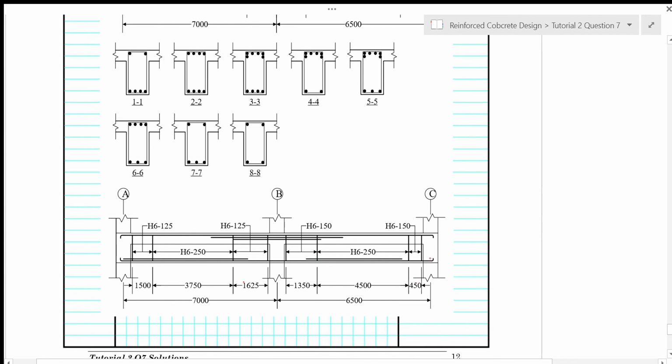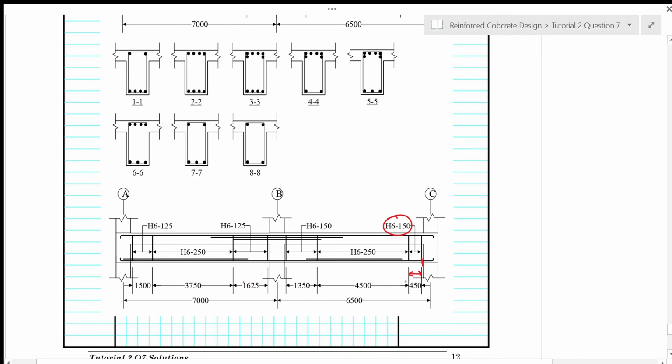And then we need 500 mm here measured from the center of the support to have H6 at spacing of 150, and then from the edge of the support it is only approximately 450 here.